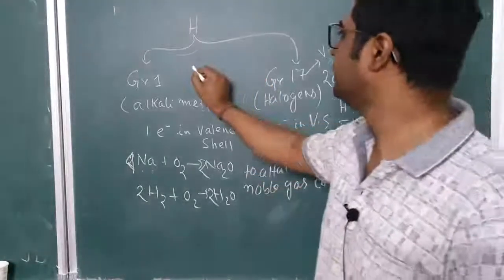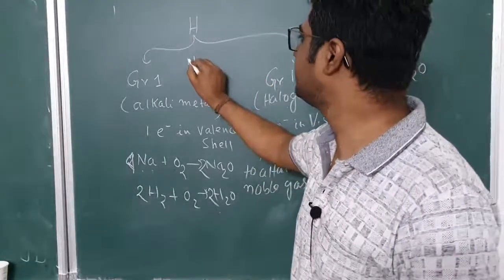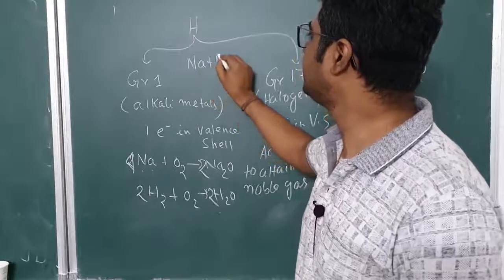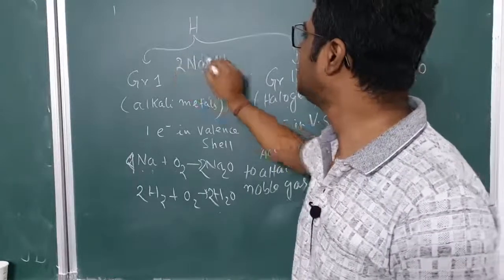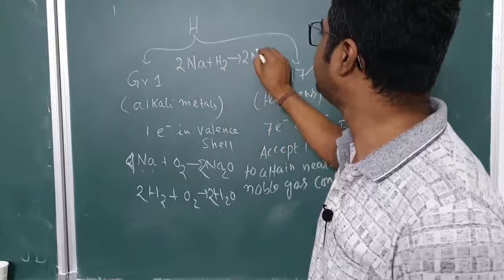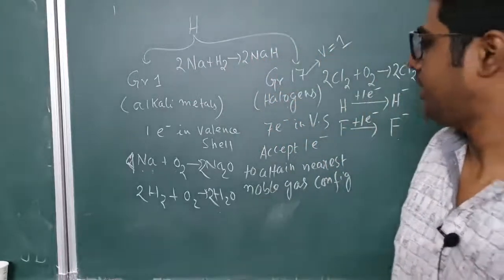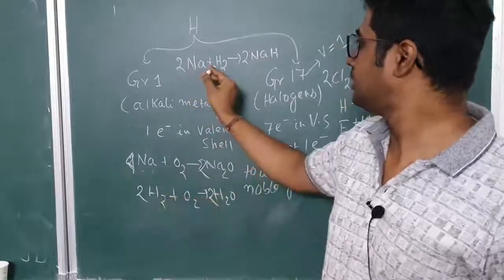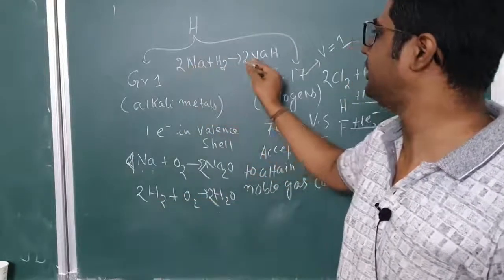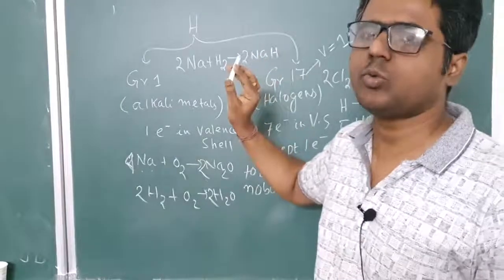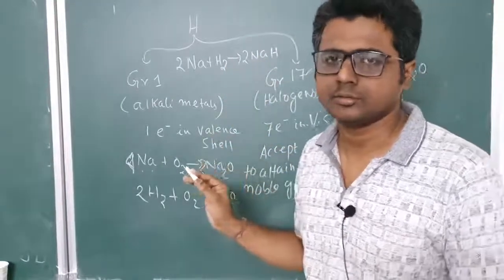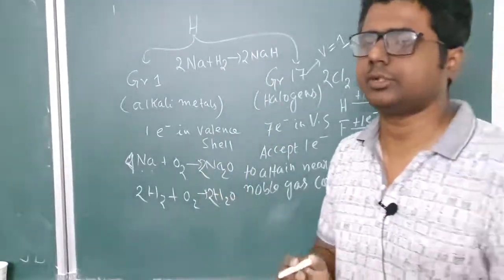Let's see this. If you react sodium with hydrogen, it forms 2NaH. In this case, hydrogen addition to sodium has happened, going by crude terms of oxidation and reduction. So addition of hydrogen means oxidation or reduction?